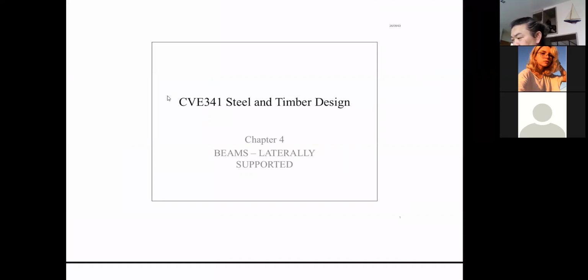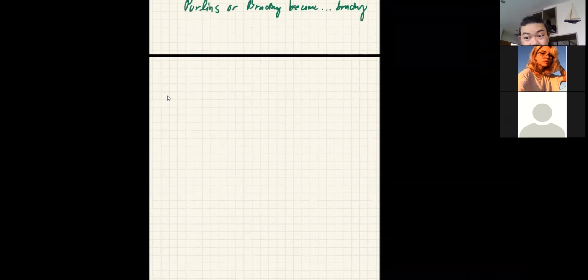But before we start doing this, let me remind you again that what we've been doing so far is designing something, correct? We need to find the demand from the load and everything else, and then we need to make sure that our prediction is greater than the number from the demand.